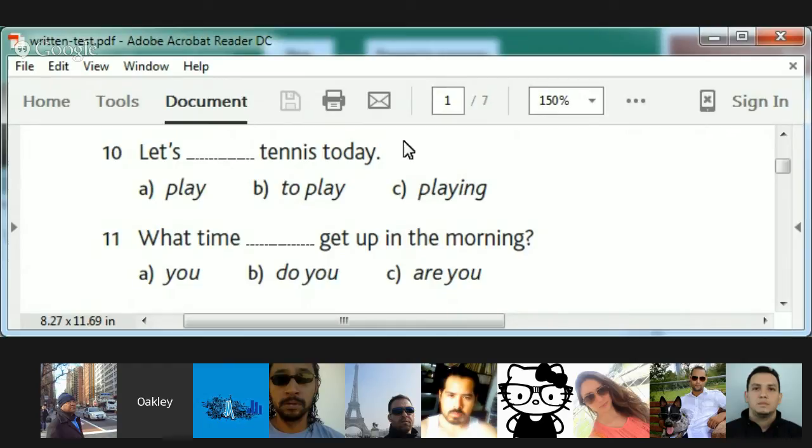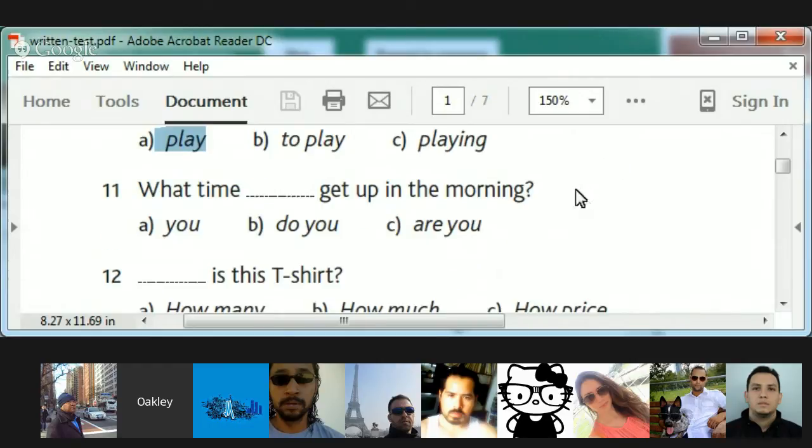Right now, Heidi, number 10. Let's play tennis today. Okay, Heidi. Grab your racket. All right. Still in the simple present tense. Very good. Not much to say there. Philip, number 11. What time do you get up in the morning?